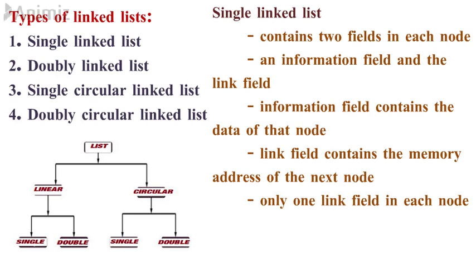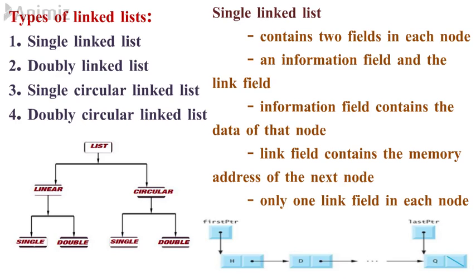When I say single linked list, only one link field is present in each and every node in the list. Now when you see this figure, you have a first pointer pointing to the first node. You have the last pointer pointing to the last node, and each and every node has a link which has the address of the next node in the list.